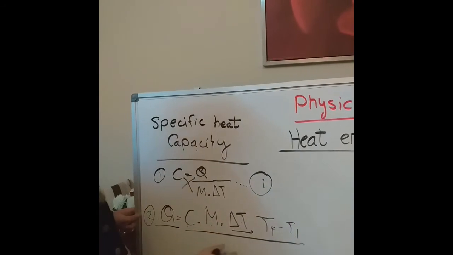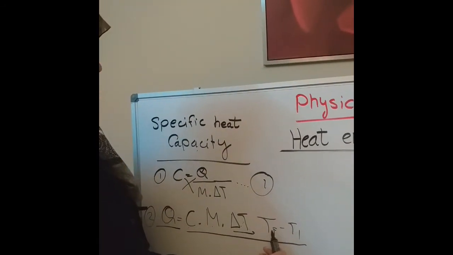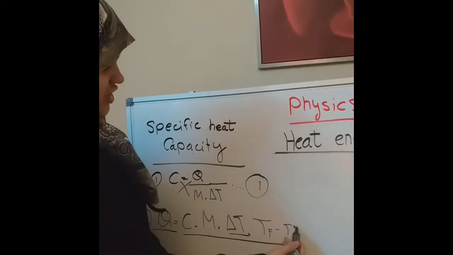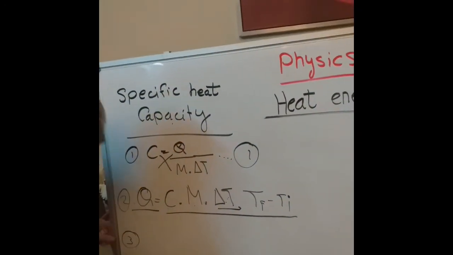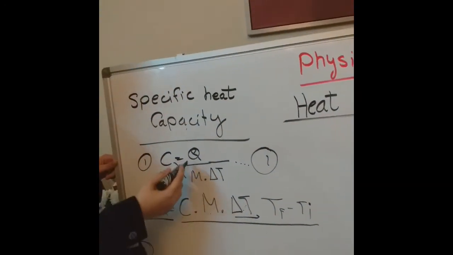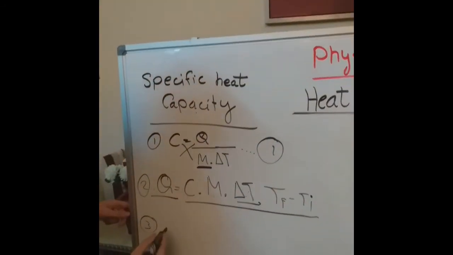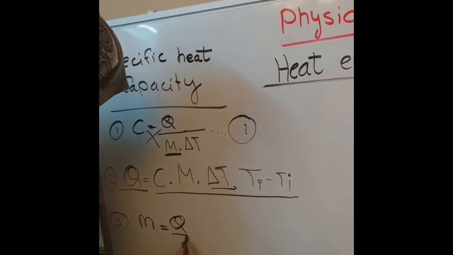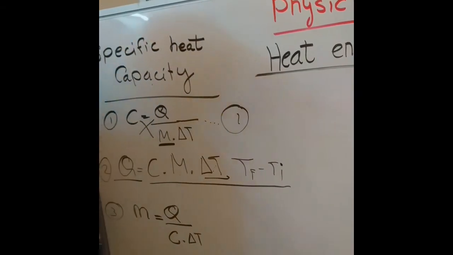After that we will find the answer of the change of T, which is final temperature minus initial temperature. Then the third formula, after we also use the crisscross to find the mass of the body, will be m equal to Q over C times the change of temperature.